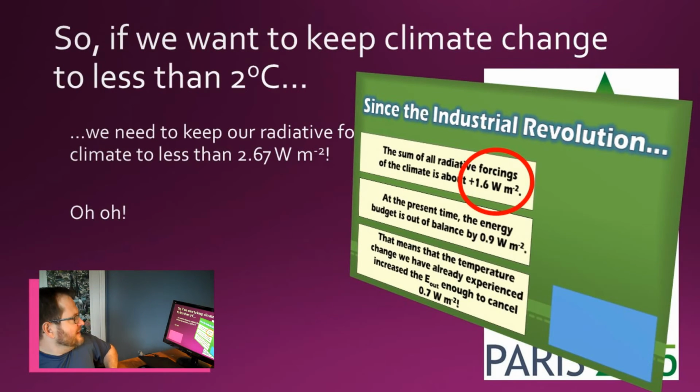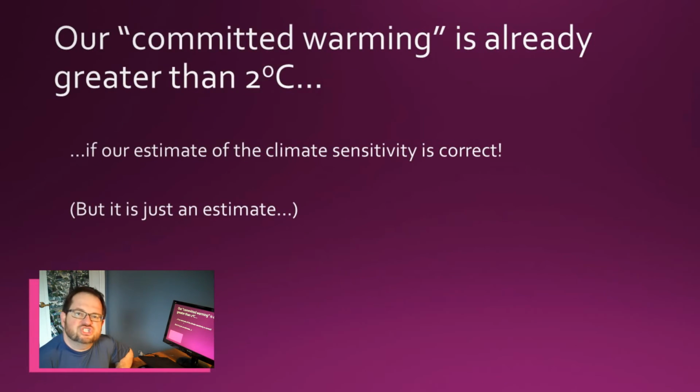Yeah, we have in fact already, in other words, just to use a vocabulary word from earlier in the module, our committed warming is already greater than 2 degrees Celsius. We've already made the changes to the Earth's environment by putting greenhouse gases in the atmosphere like carbon dioxide, methane, halocarbons, etc. Made the changes to the albedo of the Earth and so on.